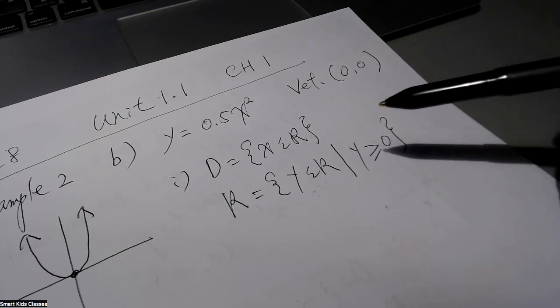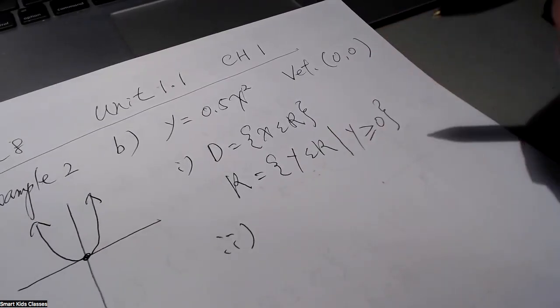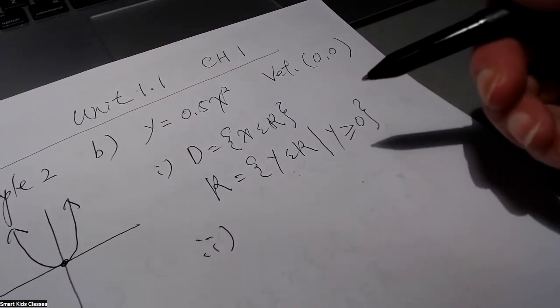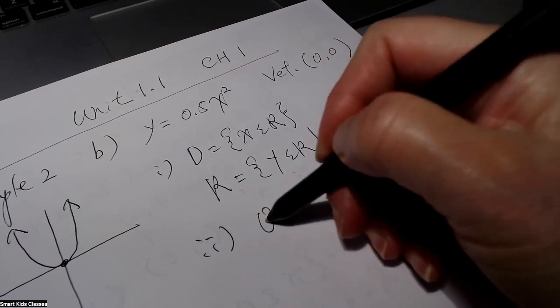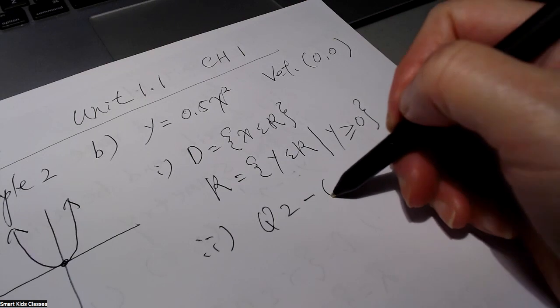And then we are going to write the end behavior. So it's going to be from Q2 to Q1.